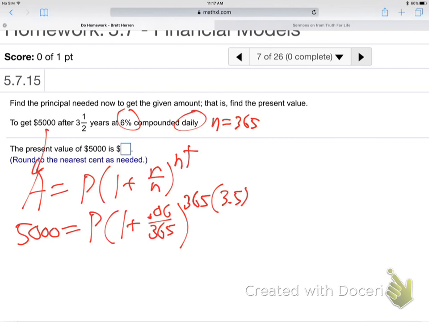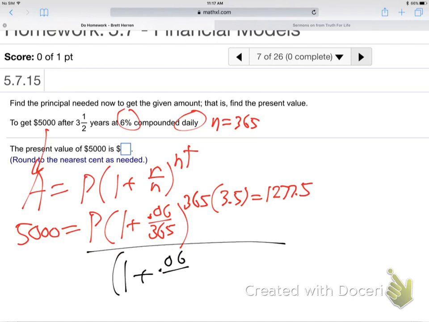So I'm just going to figure out what, I always do the power first. Just makes it easier for typing in later. This is 1277.5. So now to solve for P, we just divide both sides by 1 plus 0.06 over 365 to the 1277.5.